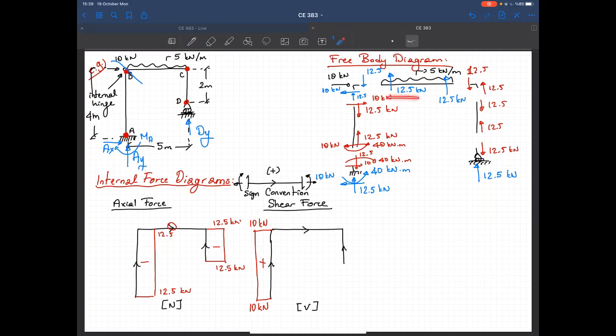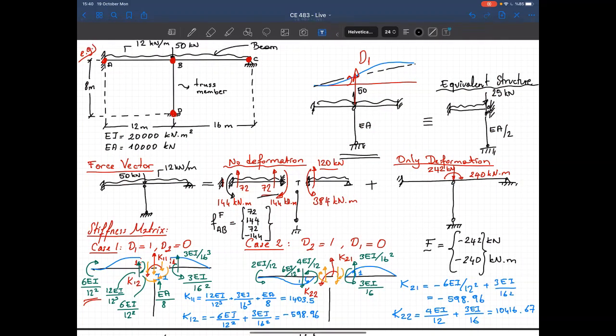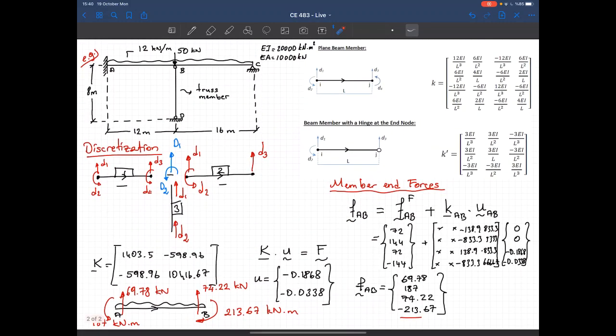Let's take a look at the second member. On the left hand side they are in the same direction, so I have positive 12.5. On the right hand side they are in the opposite direction. I should have negative 12.5. And the variation, I have a uniformly distributed load here.